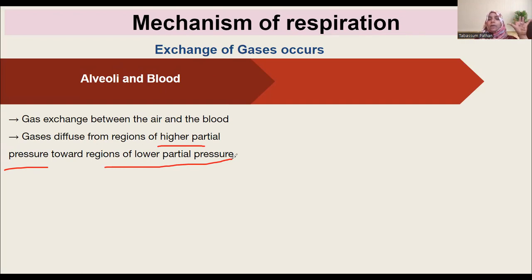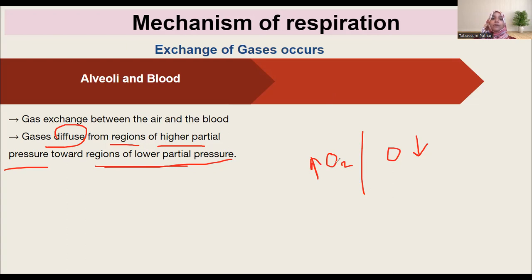Just understand this simple concept, like in simple diffusion, from higher concentration to lower concentration. Similarly here, from regions of higher partial pressure of the gas to regions of lower partial pressure. Let's say you take two compartments, where oxygen is more in one and less in the other.